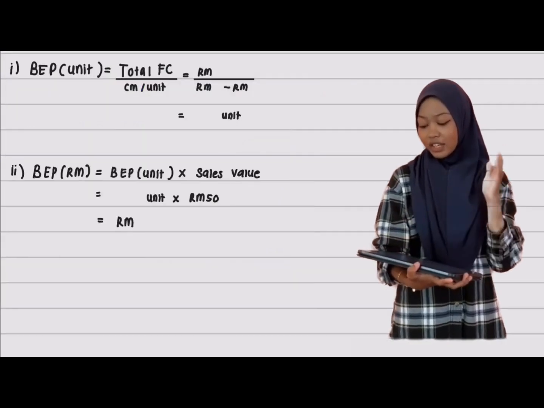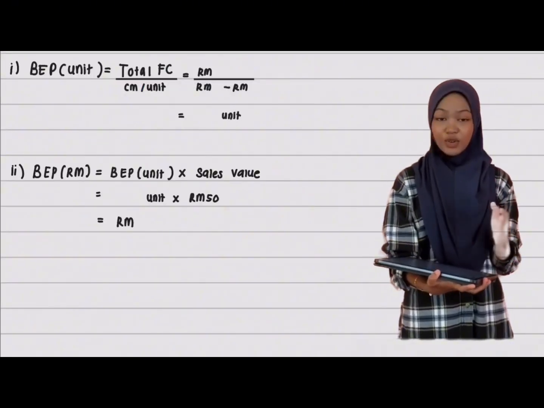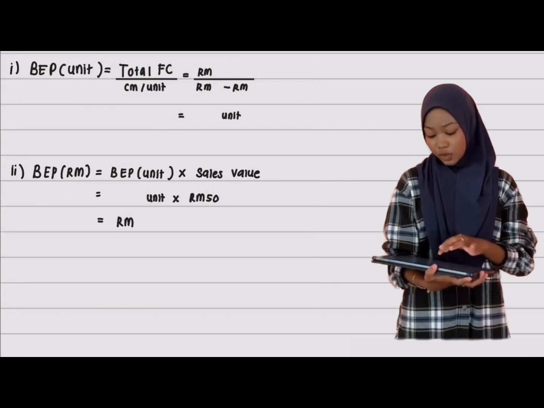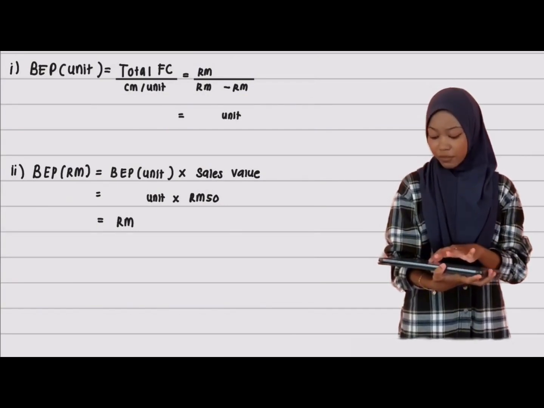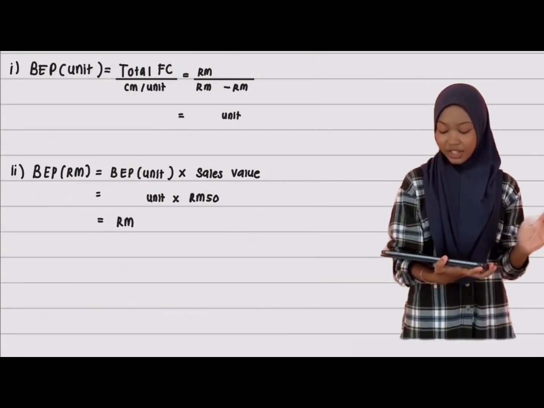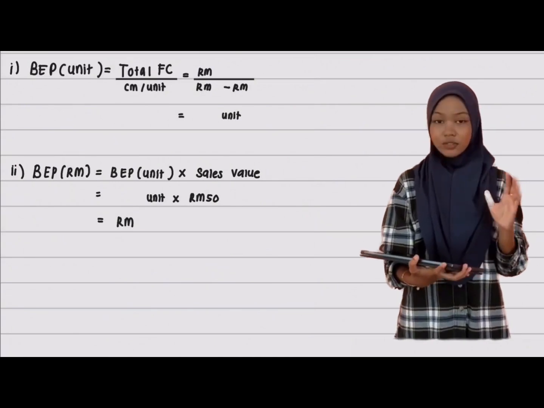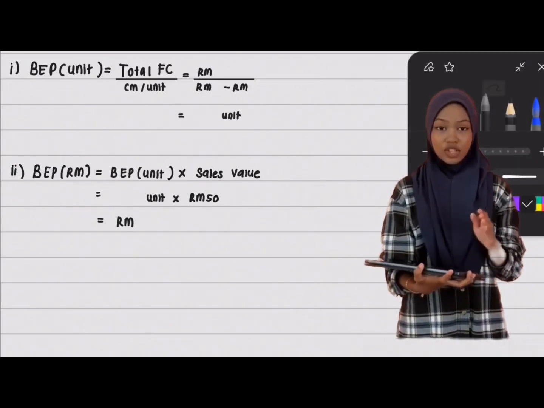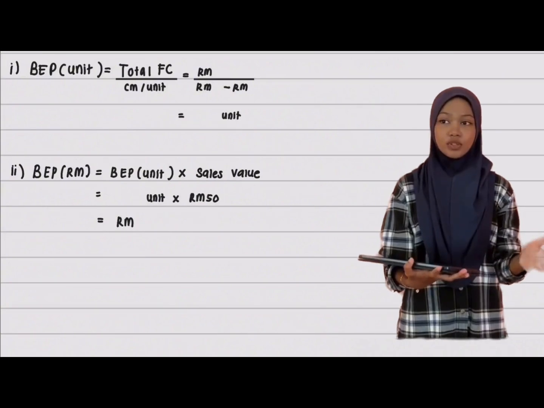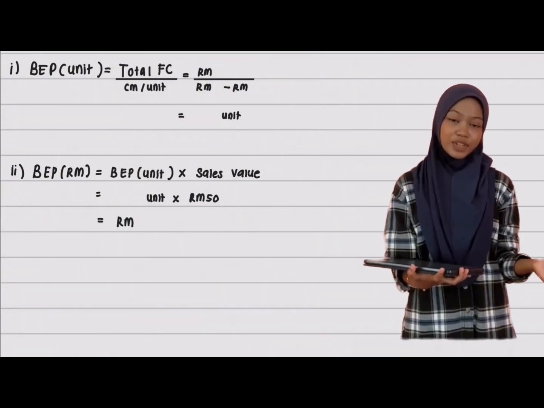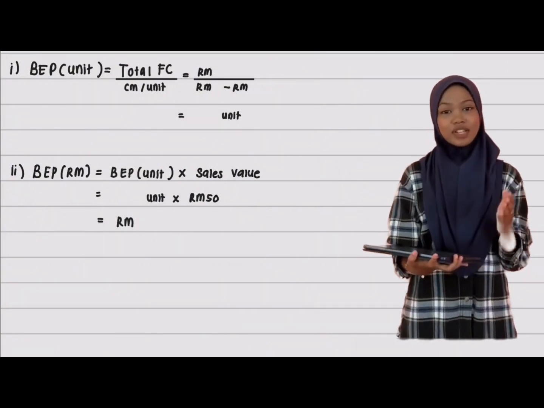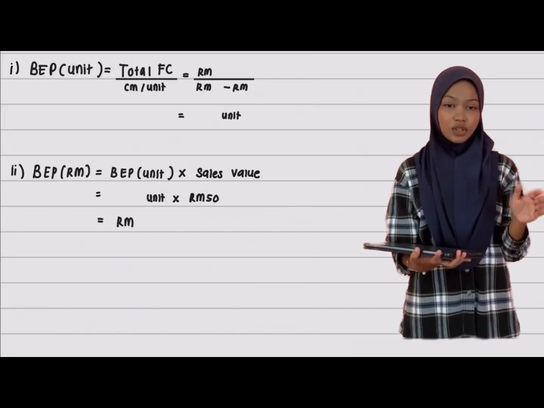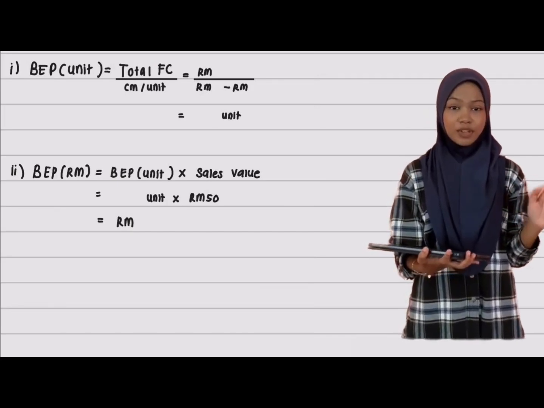So everyone, look at your question. 1 Roman, we need to find the break-even point in unit and sales value. So the formula for break-even point in unit is total fixed cost divided by contribution margin per unit. How do we get contribution margin per unit? Contribution margin per unit is sales value minus variable cost per unit.